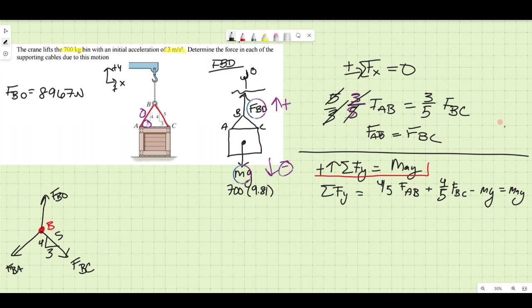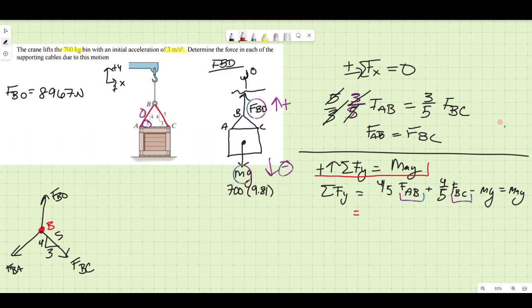Now we can go to solving and simplifying. Since we've made the statement that F_AB equals F_BC, we can say that this is 2 times one or the other, and it doesn't matter which one you pick.